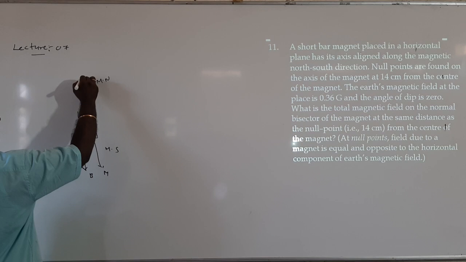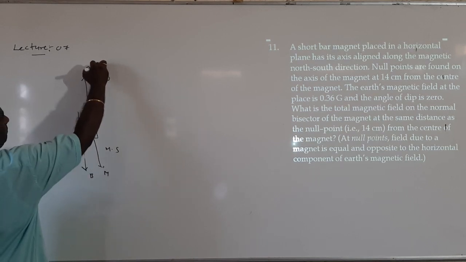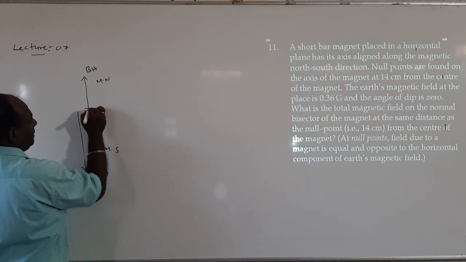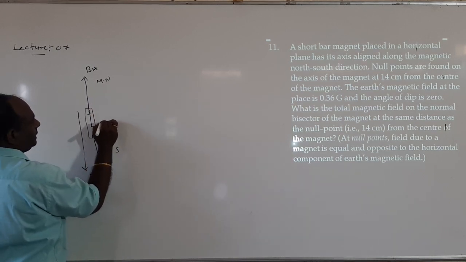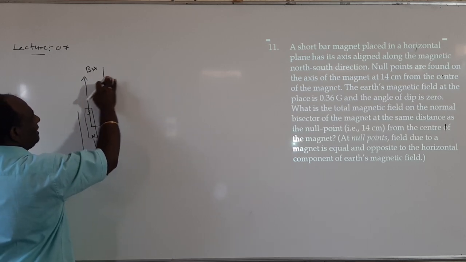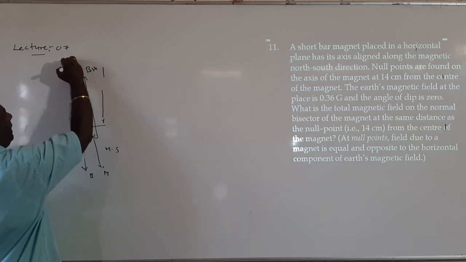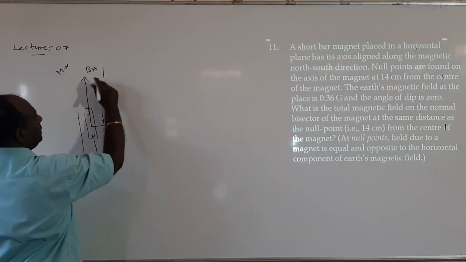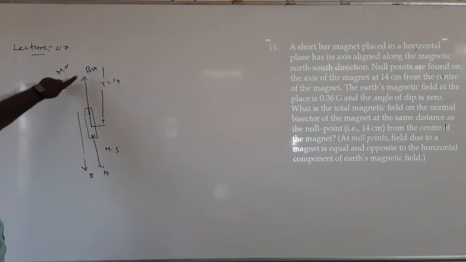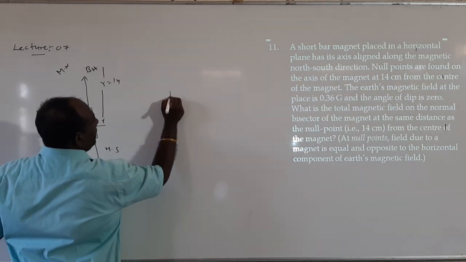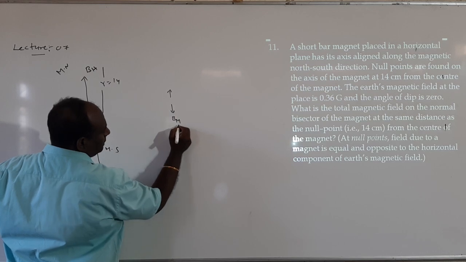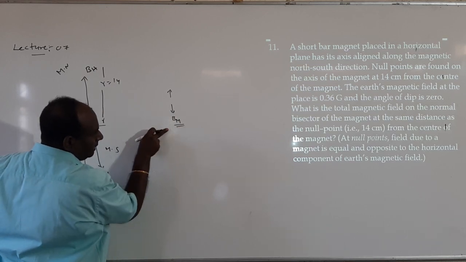Due to the earth, this is BH. At a distance R from the center, here R equals 14 cm, the earth's magnetic field is in the upward direction and the bar magnet's field is in the downward direction.